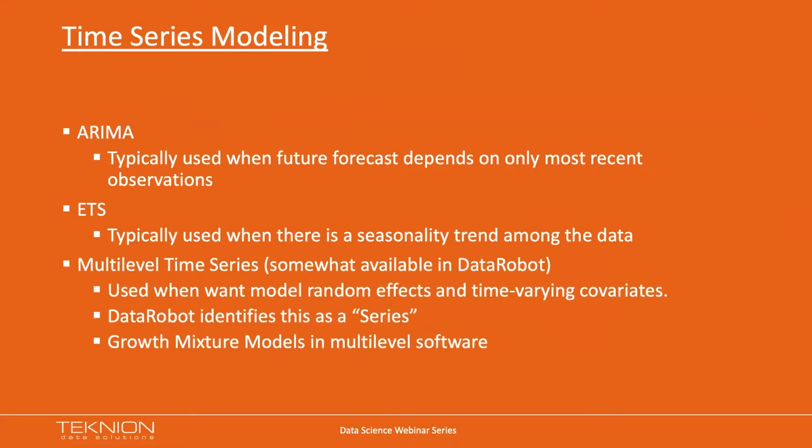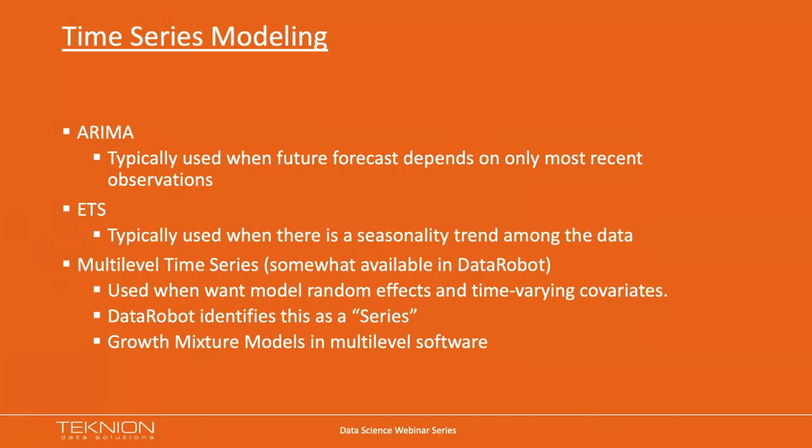But the multi-level time series is really where it's at for me. This is somewhat available in DataRobot, but for the most part, you're doing this inside of a package like R, which does it really well. SAS does it well, M+ does it well.